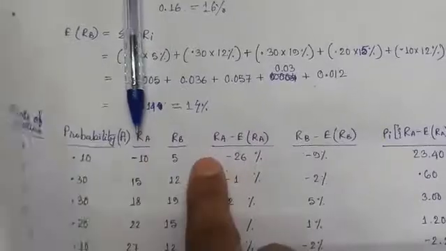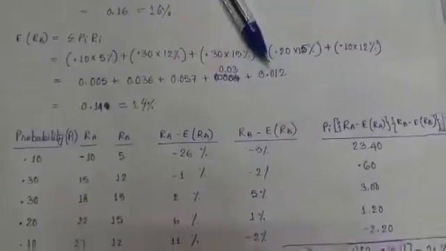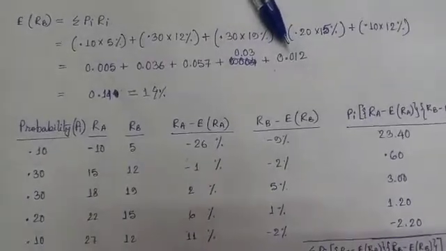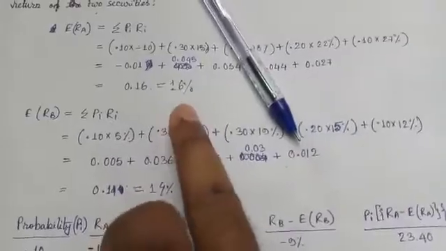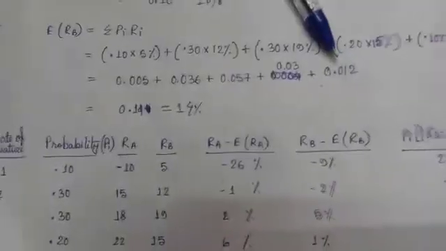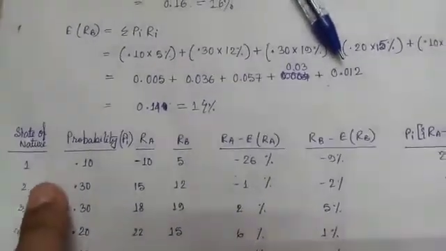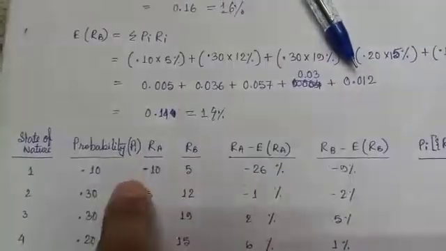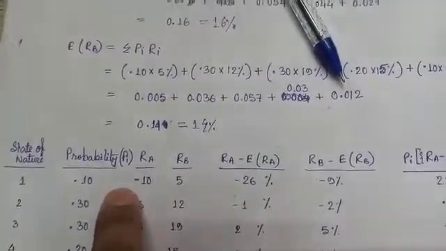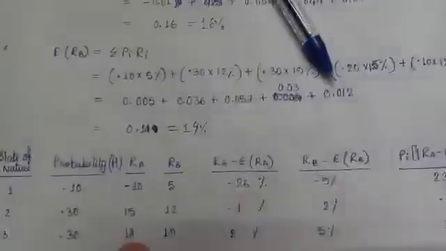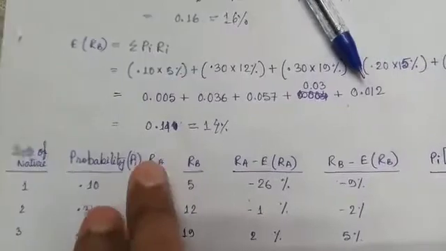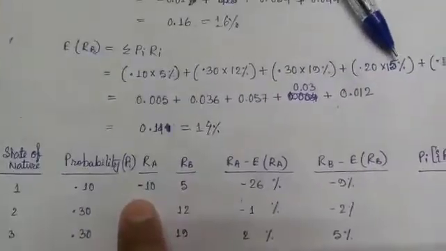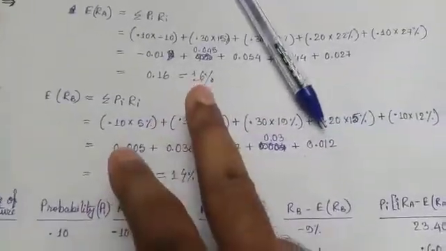Now, we have to calculate the mean deviation of the return of security A, by applying the formula RA minus ERA. The mean return of security A is 16%. For the first state of nature, return from security A is minus 10% and the mean return is 16%.